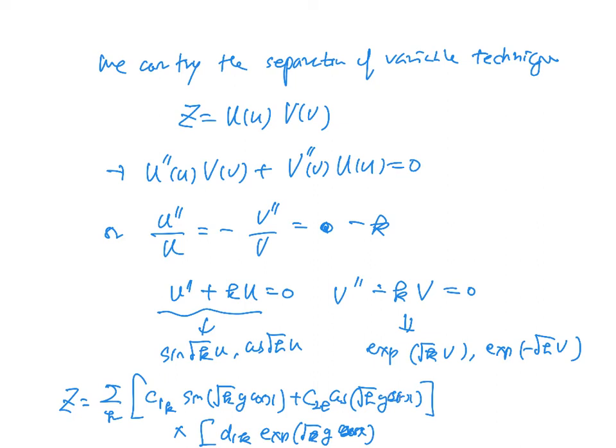This is cosine root 2k cosine x, and this must be sine x plus t2k exponential minus root 2k y sine x. So that's a general solution for the Laplace equations. And so basically, the topic I wanted to cover for this semester is over.